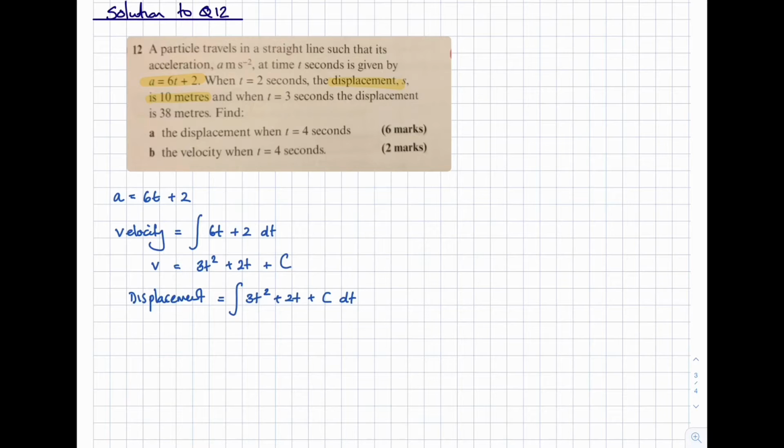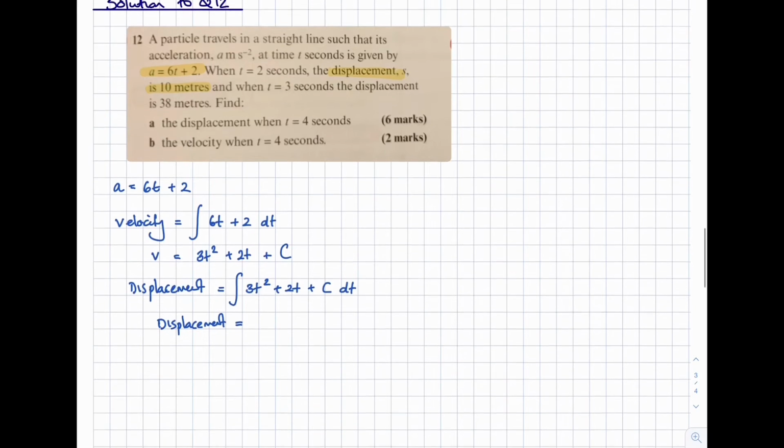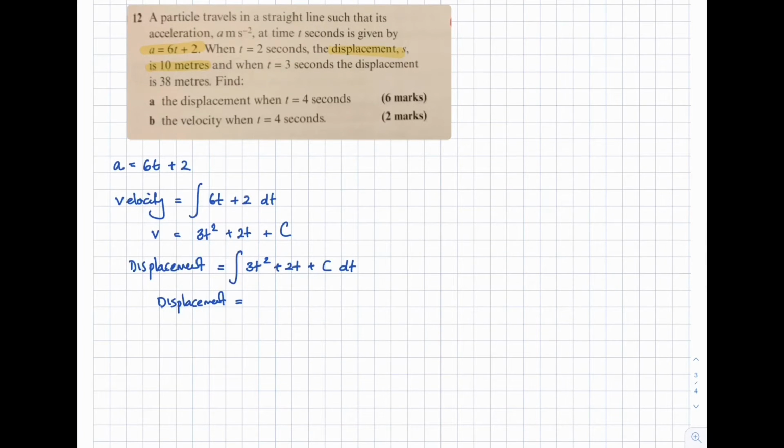And I'll just use the word displacement. X is not mentioned in the question over here. So we're going to say, well, displacement is equal to, so rule for integration, same as before, add 1 to the power, divide by the new power. So we'll get 3t cubed over 3, which simplifies down to t cubed, 2t squared over 2, which becomes t squared, c, which is a constant, it's like a number.